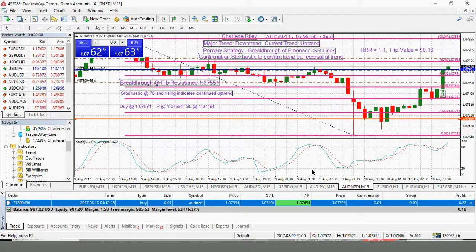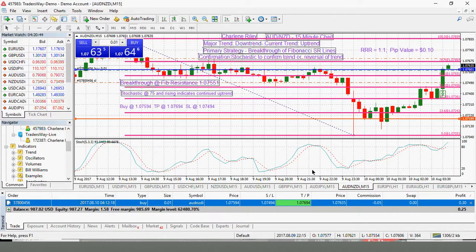And I set my take profit at 10 pips above, which is just above the next line of resistance. And I set my stop loss at 10 pips below the buy price, which is just above the next line of support.